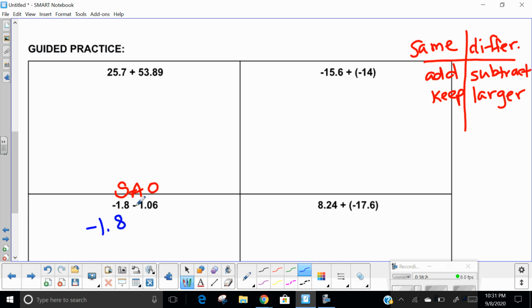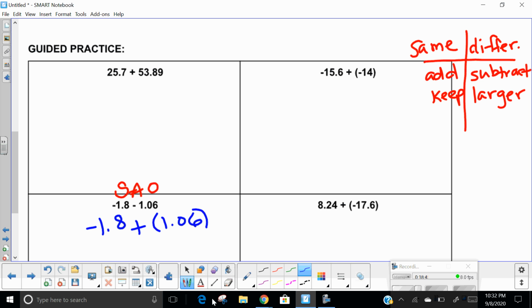So subtracting becomes adding. And then we take the opposite of this number right here. The O tells me take the opposite. So the opposite of positive 1.06 is, oops, I gotta make that negative. So let me give myself some room here.